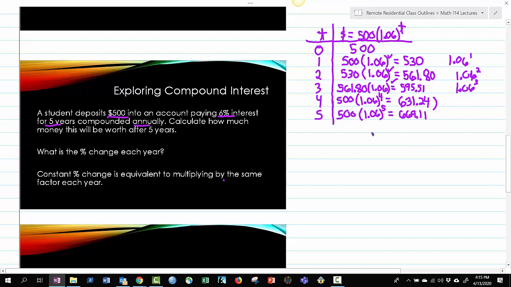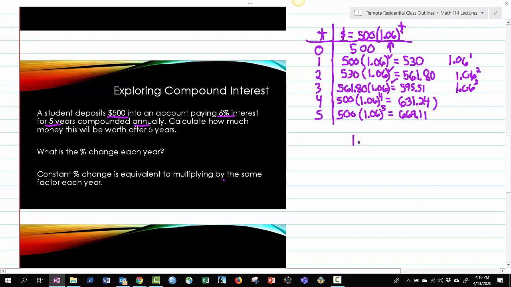Okay, so an exponential function like this is a number times a number to a power. Again, a number called the base times another number to a power is exponential growth. And this number right here is where you get your constant percent change.